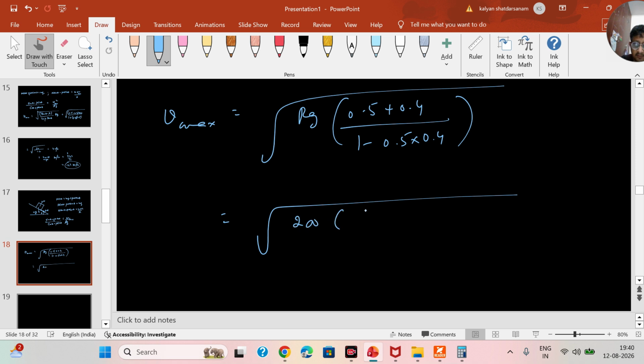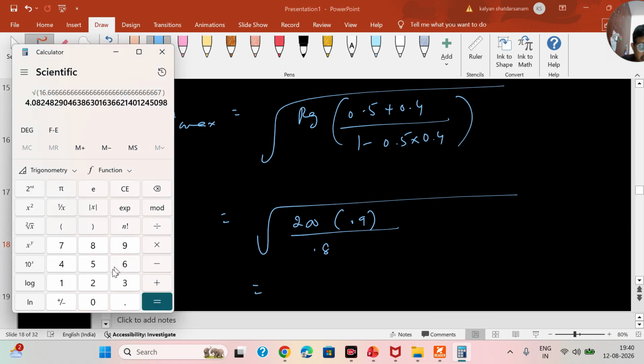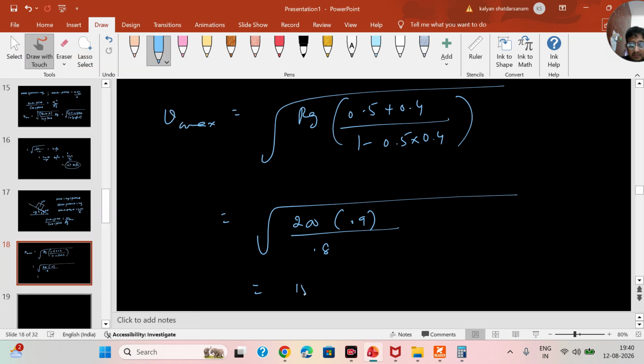So 200 into 0.9 by 0.8, right? 200 into 9 by 8. Let's do the calculator. 200 into 9 divided by 8, square root, 15 meters per second. In kilometer per hour, 15 into 18 by 5, 54 kilometer per hour.